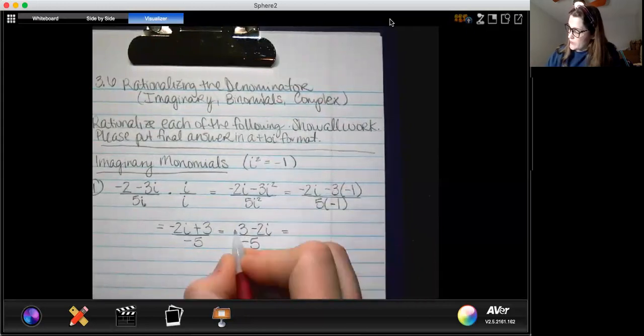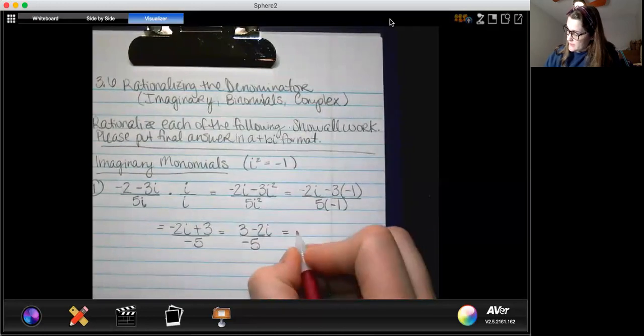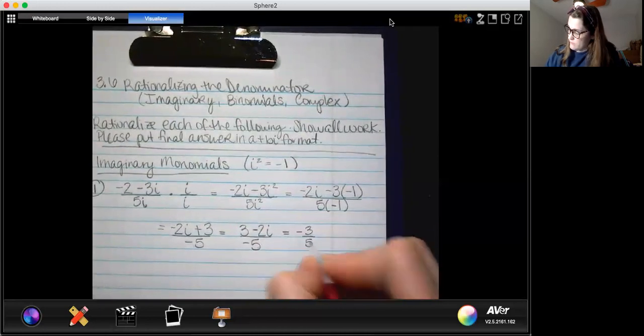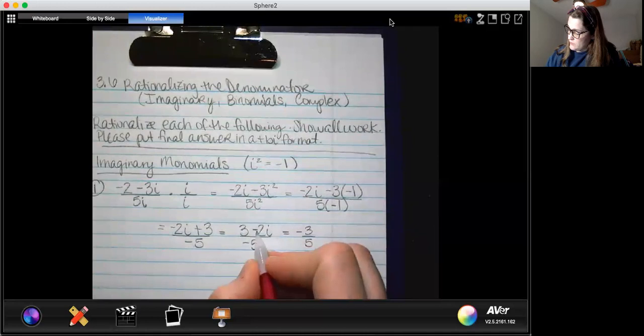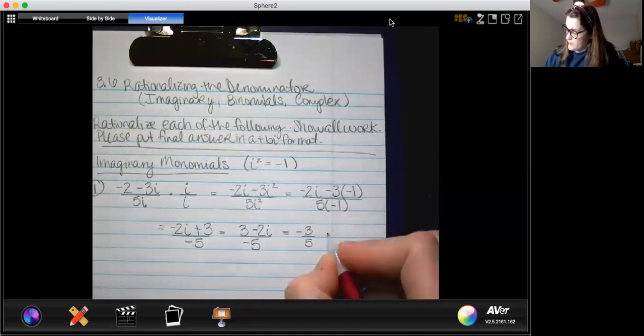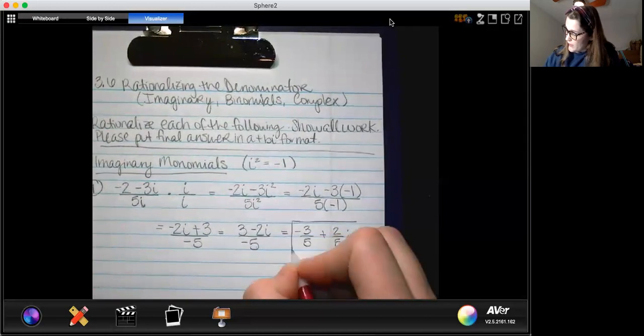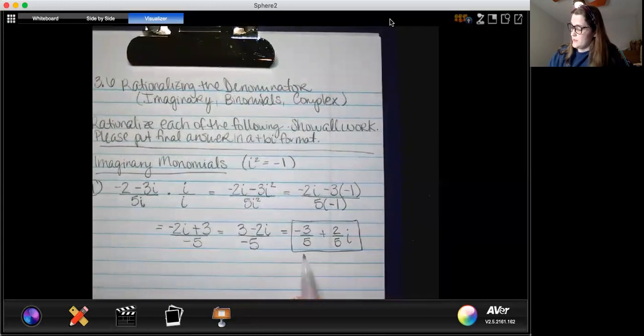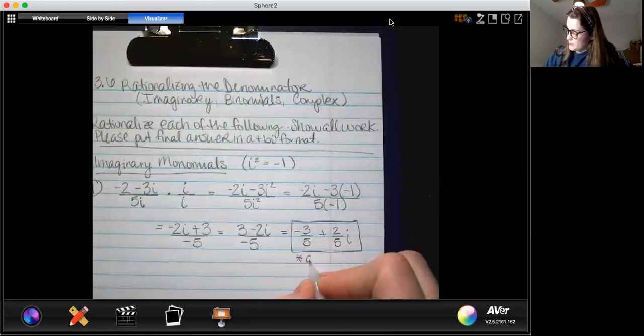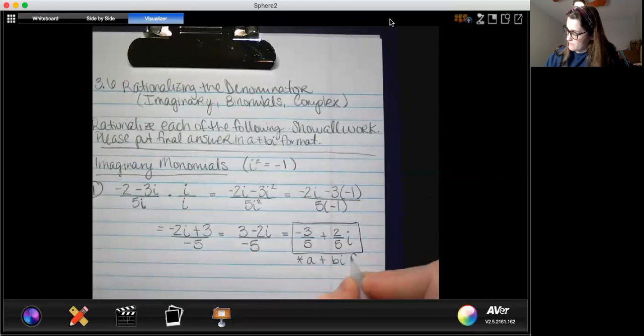So 3 divided by -5 is -3/5, and -2 divided by -5 would be +2/5 i. And so when you do that, now you officially have it in a plus bi form.